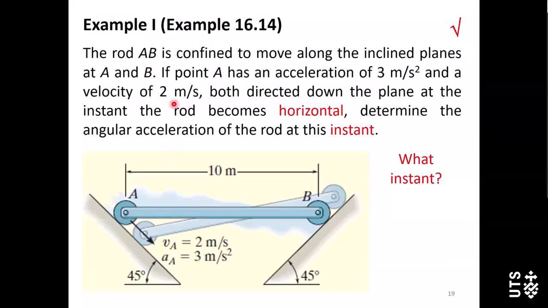In this first example, you can see one rod, AB.